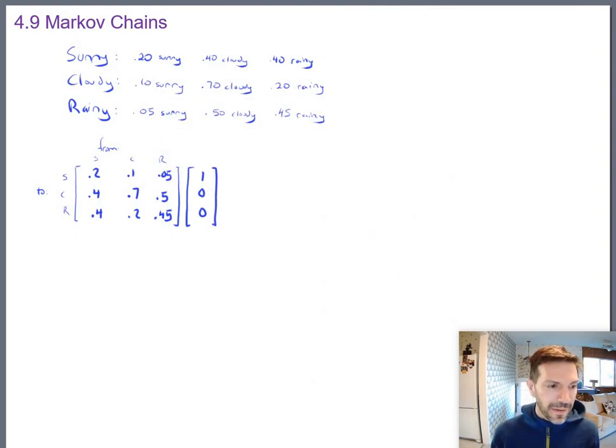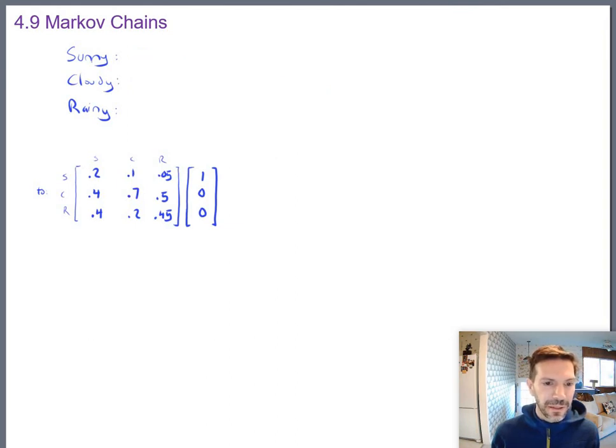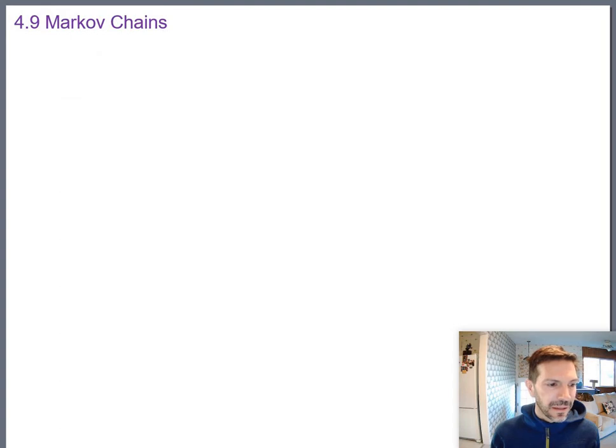Before we dive into that, though, I just wanted to point out that this sunny, cloudy, rainy idea, like I said, is just a kind of made-up application. But to get a couple real-life applications, first of all, Markov, the man himself, was a Russian mathematician, and he was very interested in poetry, so he applied this. What other Russian poet is there? That's right, Pushkin.